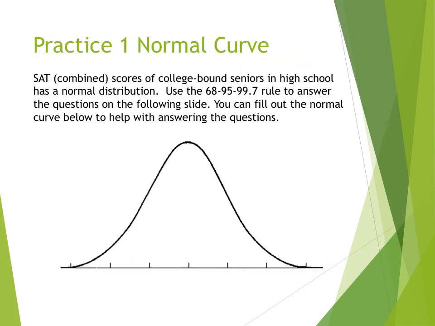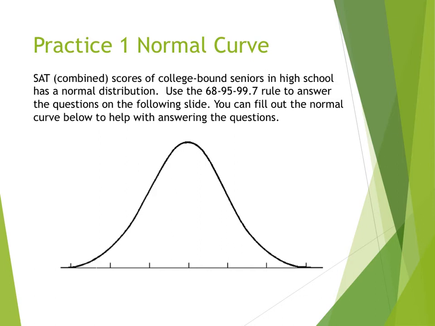So here is a practice problem that I'm going to let you try. I want you to fill out the normal curve, and then you're going to use that to help answer the questions on the following slide. This is going to be SAT scores of college-bound seniors in high school, which has a normal distribution.